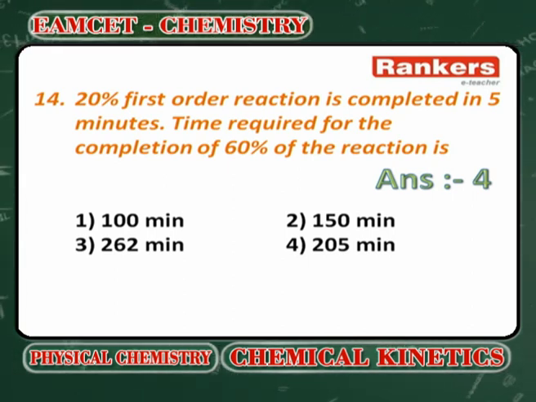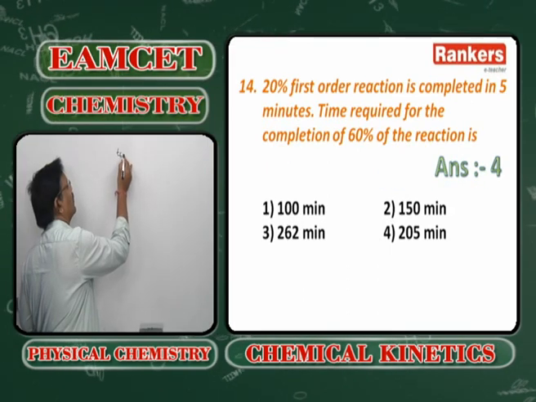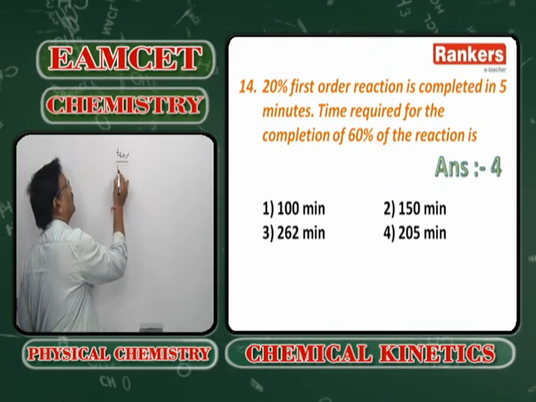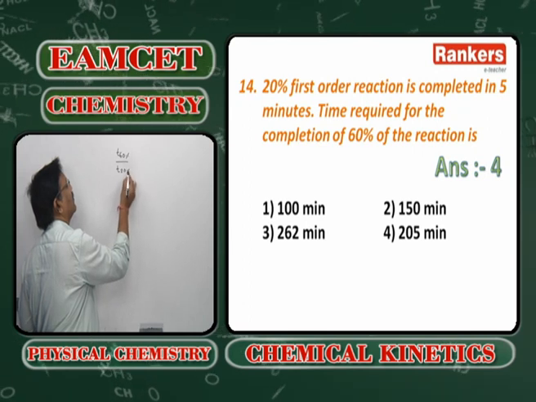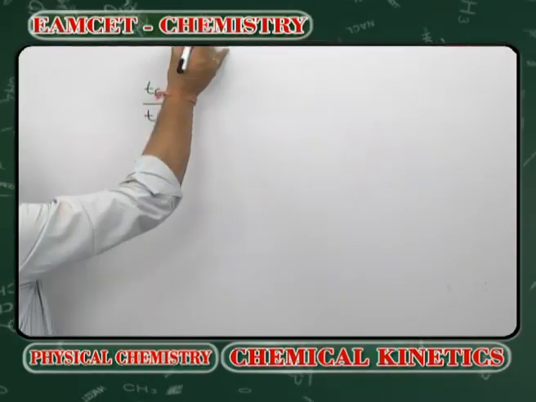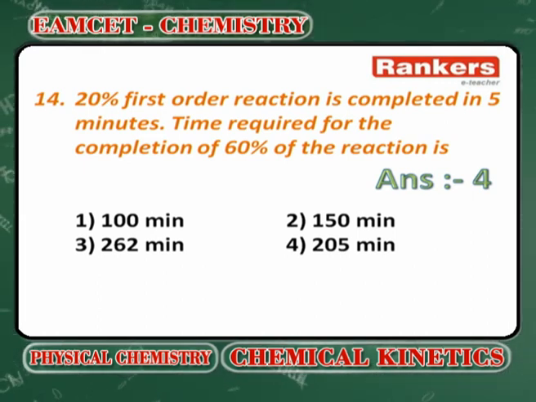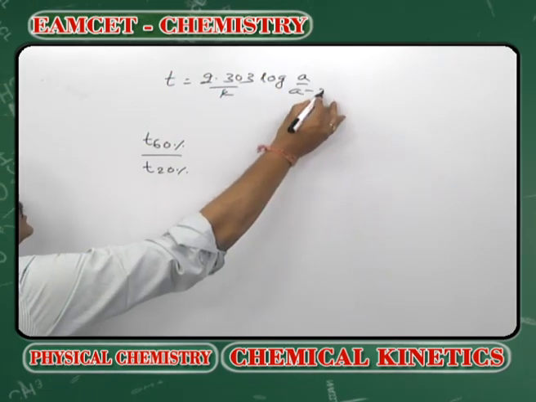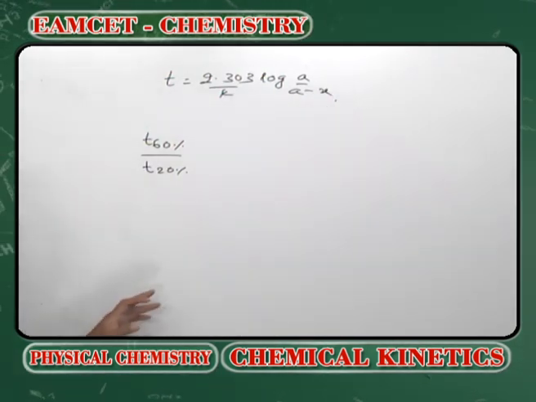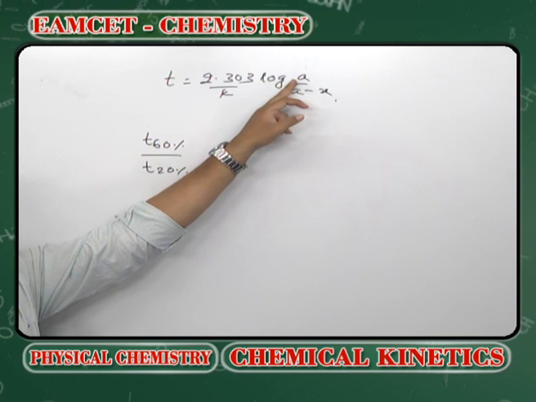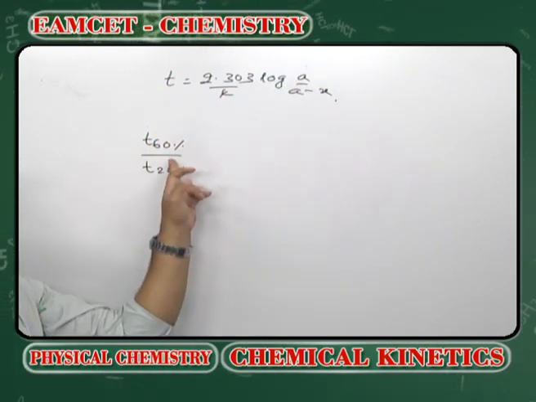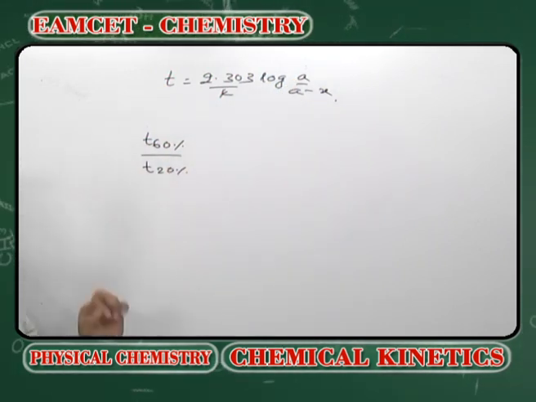So here t 60% by t 20%. What is the expression for time period? t is equal to 2.303 by k log a by a minus x. When you are considering the percentage of the reaction, a should be taken as 100, x will be the percentage of the reaction completed.